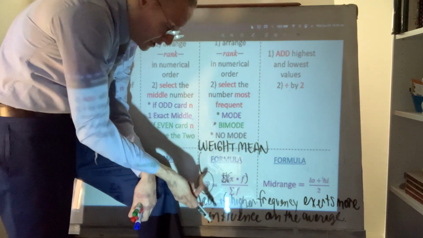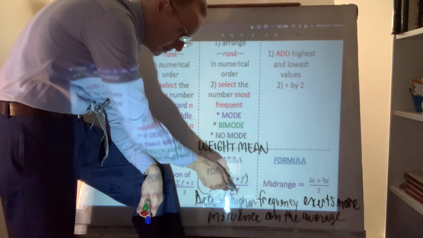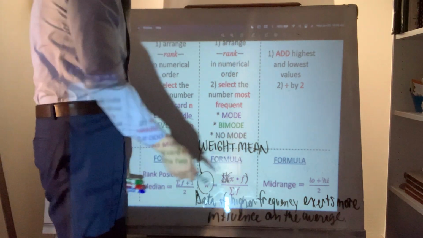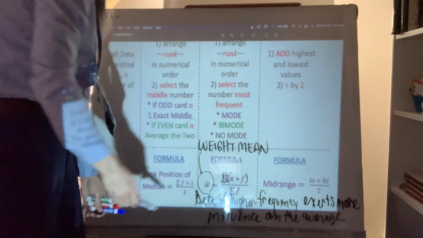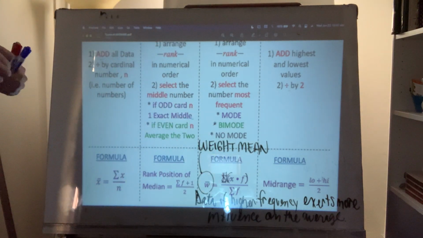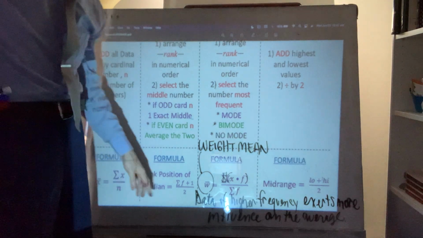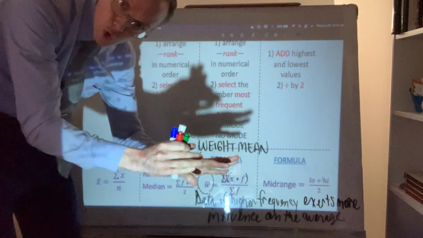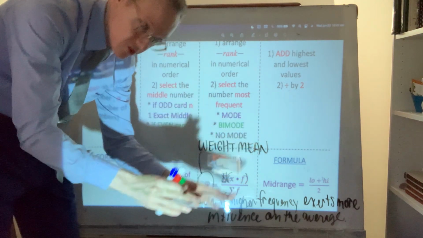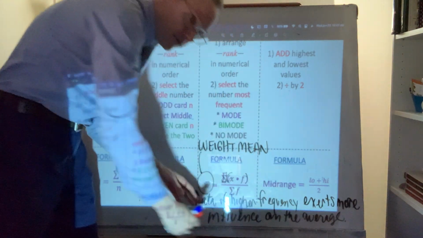And then you divide by the sum of the frequencies. It really accomplishes an average just as you normally would, but it's another way of thinking about it. It's meant to illustrate this idea that data of a higher frequency would naturally exert more weight, more influence on the overall average.